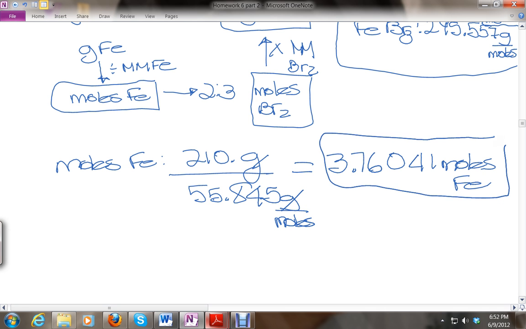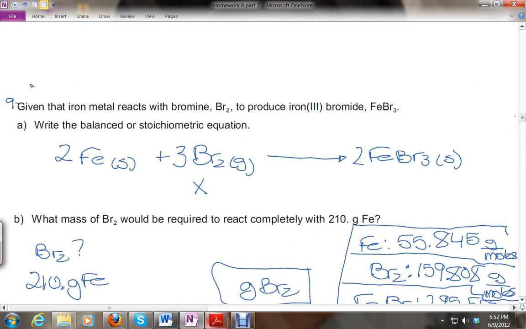We still need to do calculations, so I'm not going to round it yet. So again, we do our little ratio: 2 gives me 3, and 3.76041 gives me x.